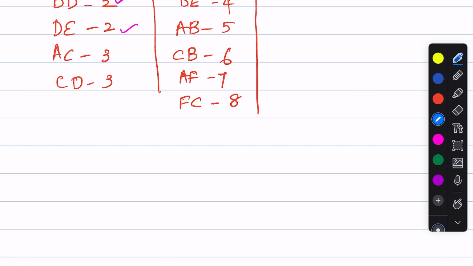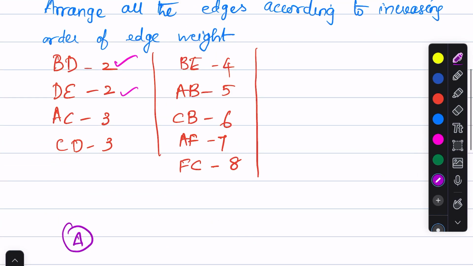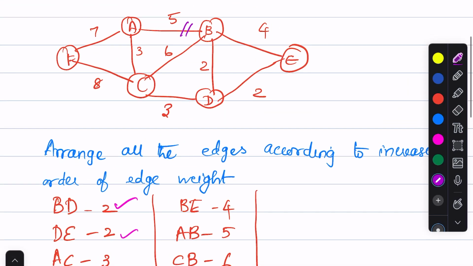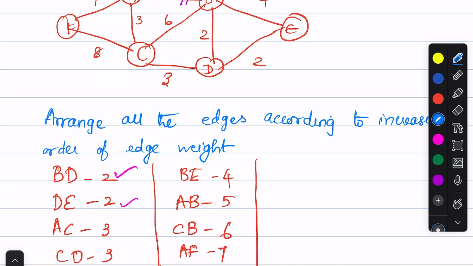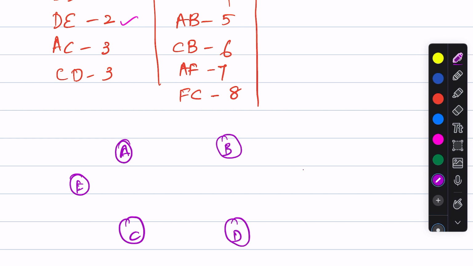So it is just node A. Here we have got node F. So let us just draw these nodes: node F, node A, node C, node B, node D and node E.